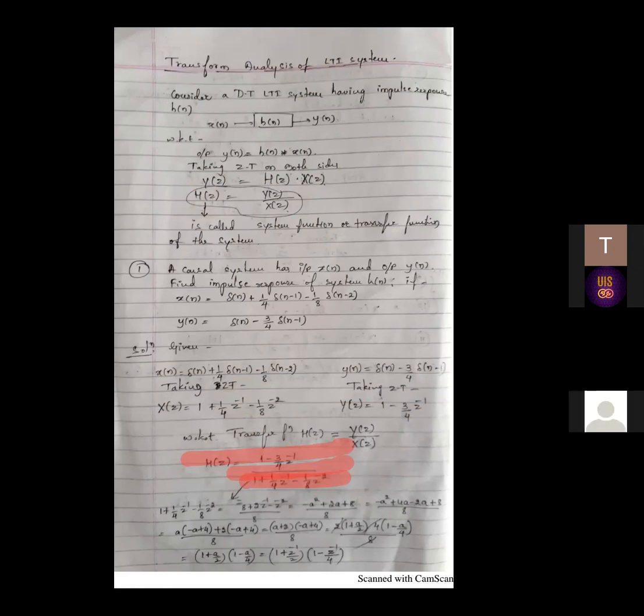So tell me, for this particular question, h of z is this. For this particular h of z equation, which method is applicable? Whether we should go for the first one or the second one, whether partial fractions or power series expansion. You can put it in the chat box.